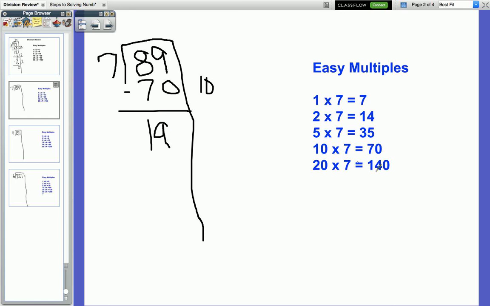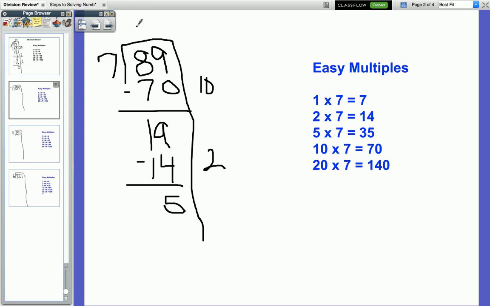And if I look at my easy multiples, I can do 2 groups of 7 for 14. I'm going to put my 2 here. And 19 minus 14 is 5. Since I can't make any more groups because this is smaller than my divisor, then I'm done. Okay, and this is my remainder.